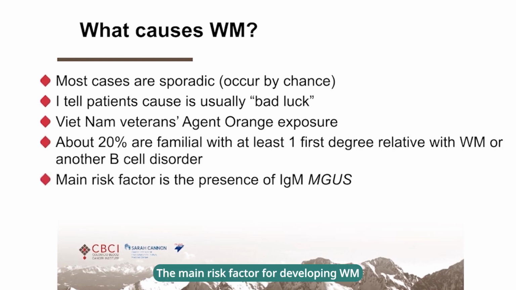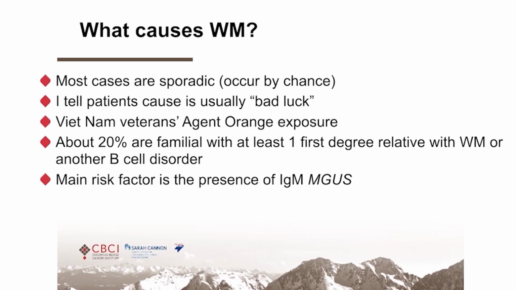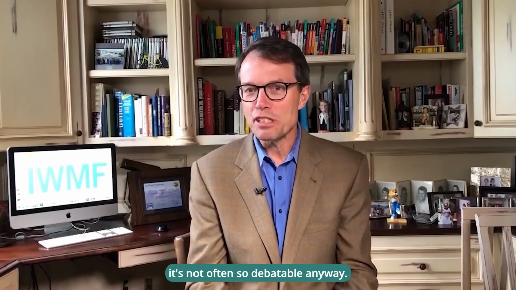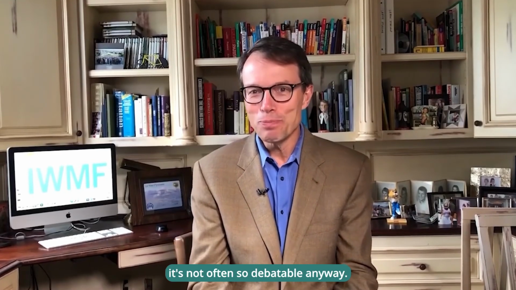The main risk factor for developing WM is having an antecedent or pre-existing IgM MGUS, and we'll talk about that in a few minutes. And these days, we've heard a lot about Roundup or glyphosate. For scientists, it's debated whether or not there's a connection between the type of lymphoma that's present in WM called LPL and Roundup, but to plaintiff's attorneys, it's not often so debatable.